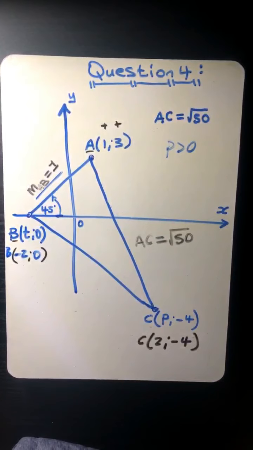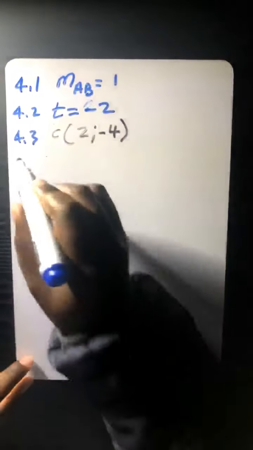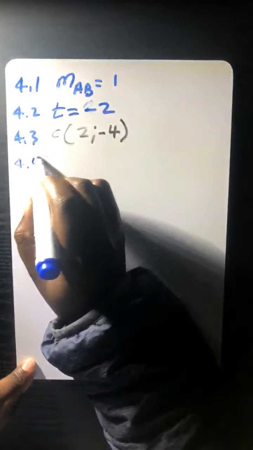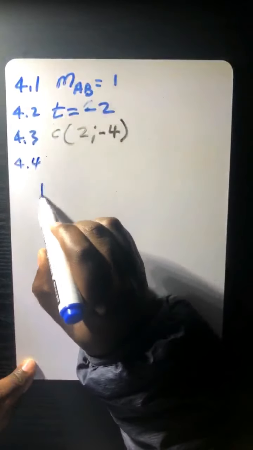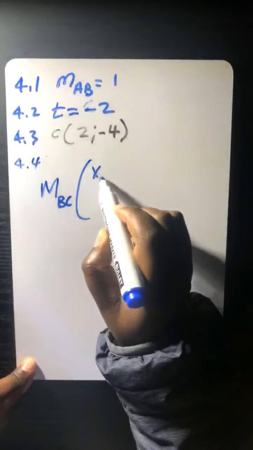Okay, so we're going to use the midpoint equation, which is x1 plus x2 over 2 for the midpoint of x, and for the midpoint of y, it's y1 plus y2 over 2.